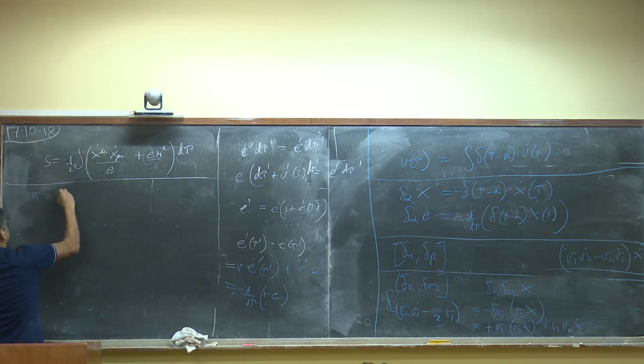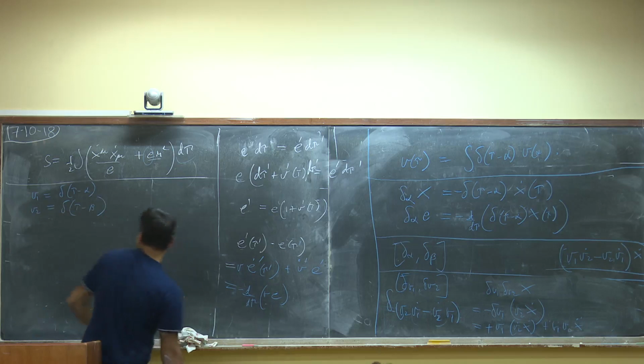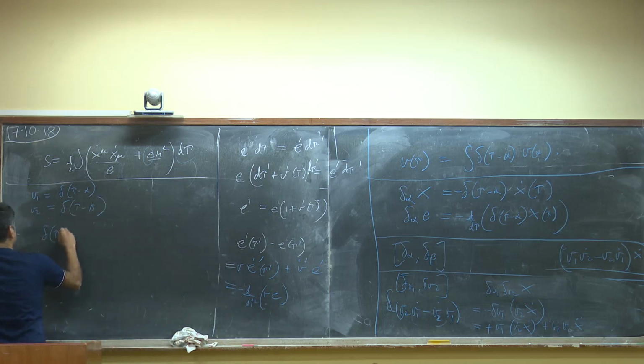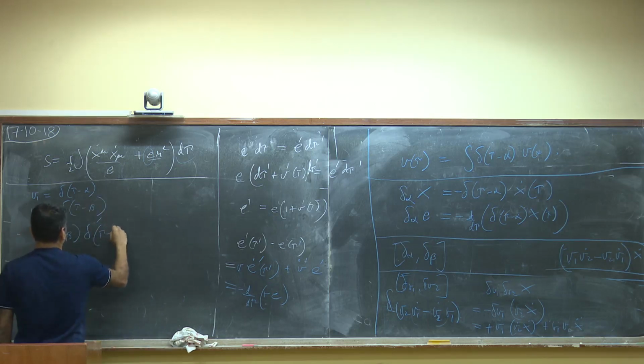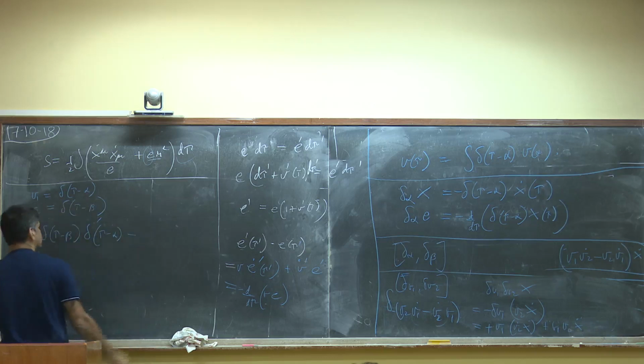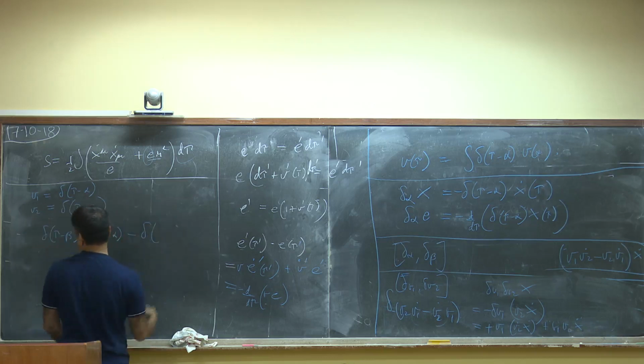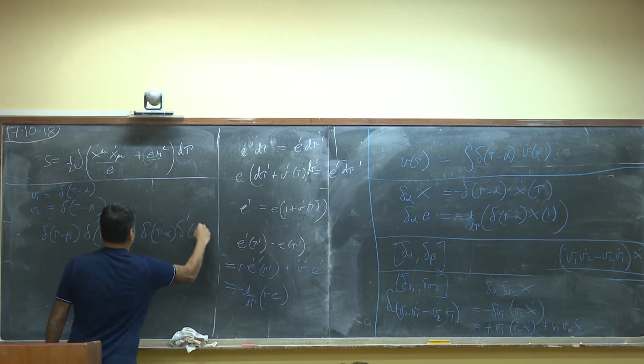So we get V2 V1 dot: delta of tau minus beta delta prime of tau minus alpha minus delta of tau minus alpha delta prime of tau minus beta.